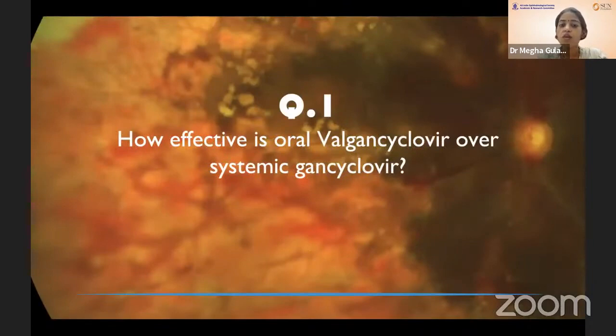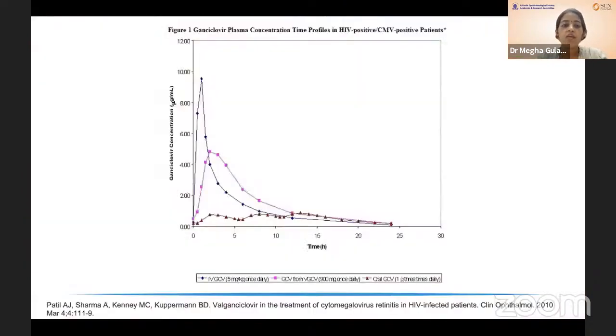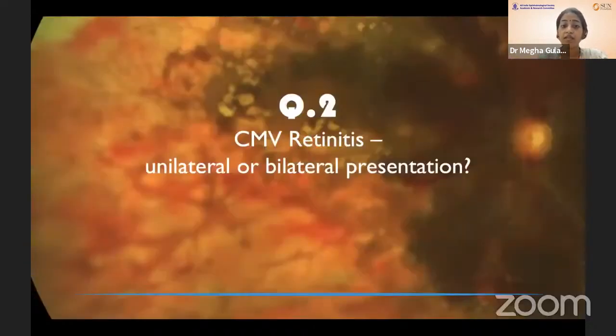You can see the area under the plasma concentration-time curve is comparable between oral valganciclovir and intravenous ganciclovir. Studies have proved the bioequivalence, efficacy, and safety of oral valganciclovir over intravenous ganciclovir as well as oral ganciclovir.